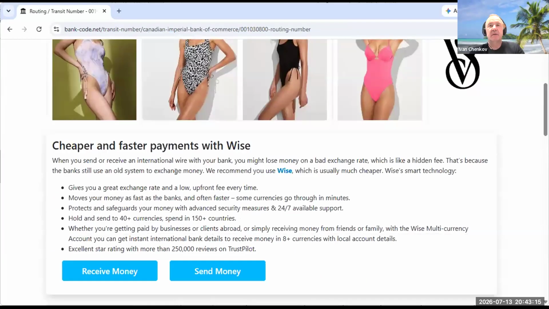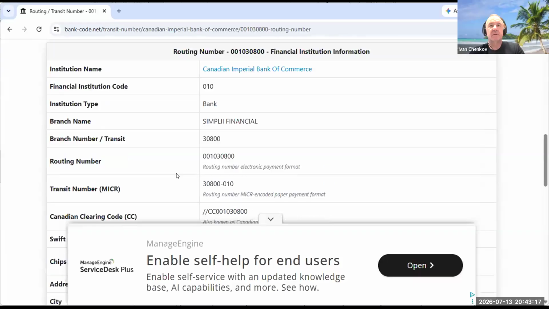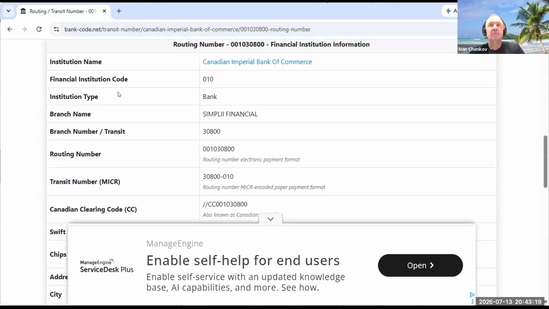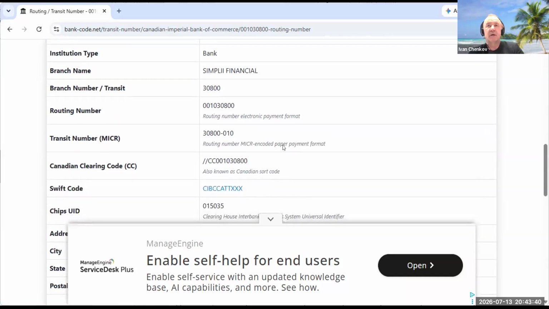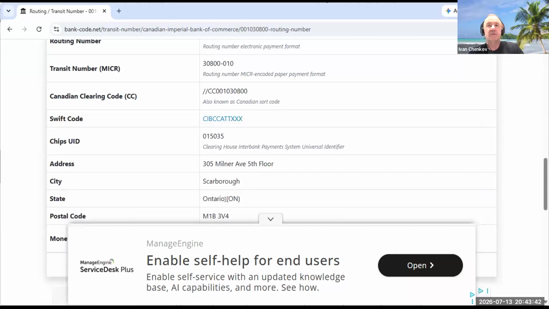There's a website that gives you the address of all the banks. So if the bank number is 0010 and the transit number is 30800, that is related to CIBC Bank, and the address of that one is in Ontario.